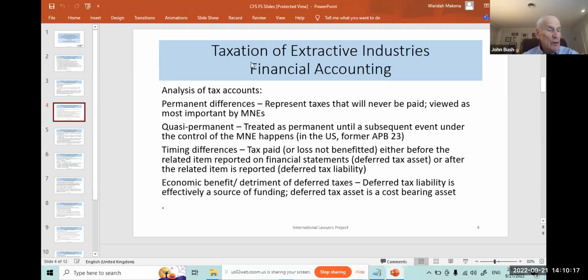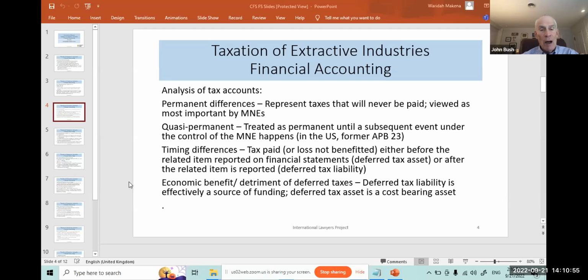So as we've discussed already, many jurisdictions, when they enter into an agreement with a mining company to engage in business in a jurisdiction, they may, pursuant to a contract, grant the mining company a tax holiday, meaning the mining company doesn't pay any income taxes for a period of time, and they will never have to pay those taxes. So that's a permanent difference, and it represents one form of permanent difference.